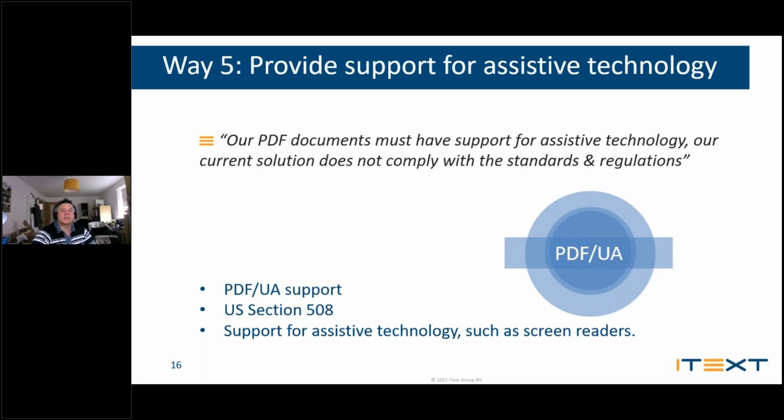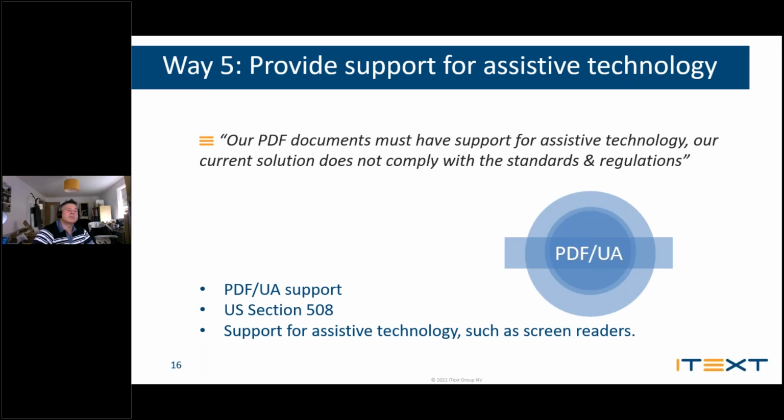Basically, it's an ISO standard intended to ensure accessibility and support for assistive technology. By assistive technology, we're talking here about technologies such as screen readers that make people with disabilities able to read the documents in front of them.